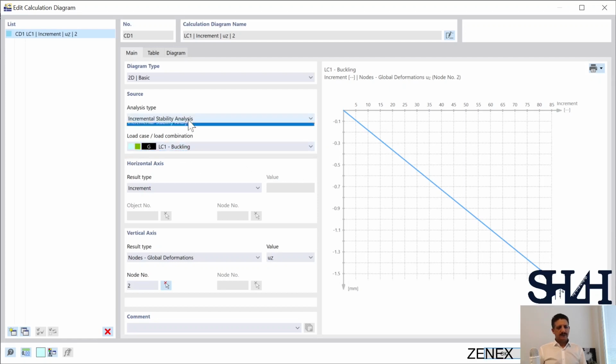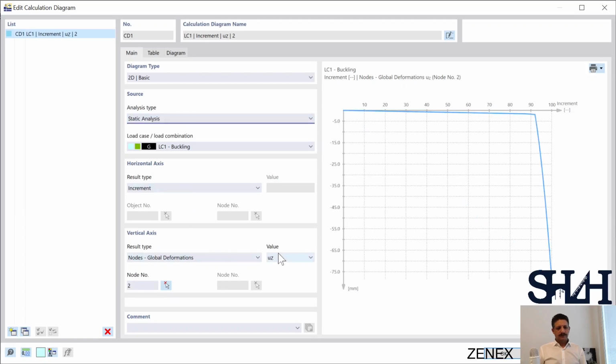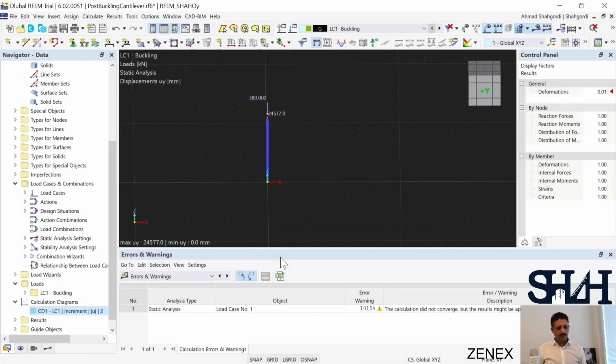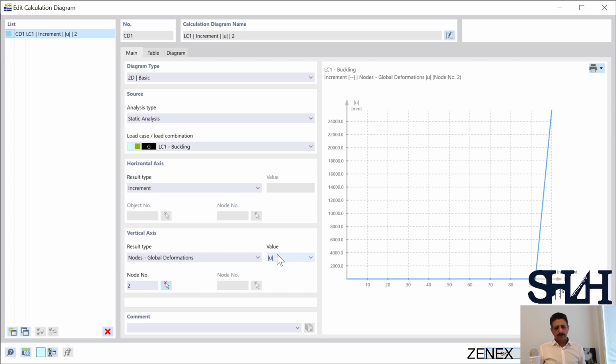Let's bring this interesting graph to our notes. And then also, if you go to U value, perhaps it is more appropriate.